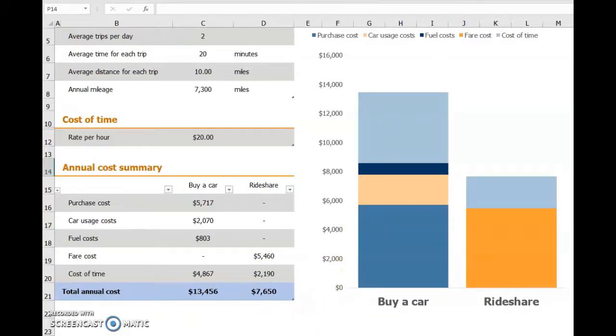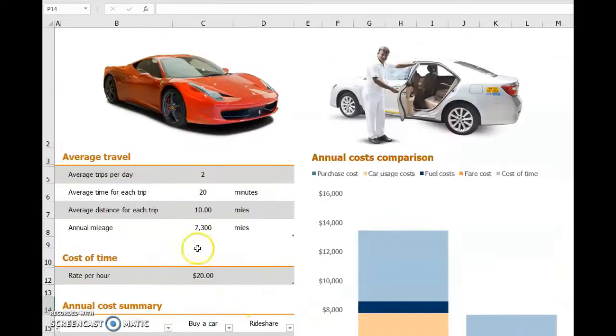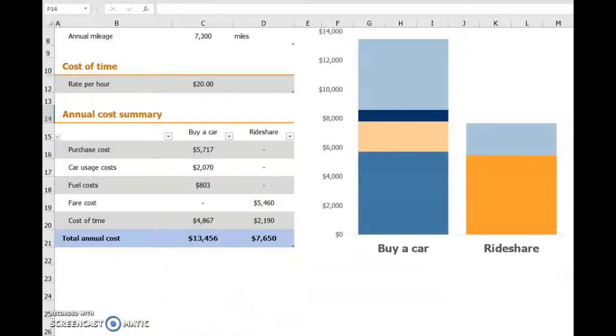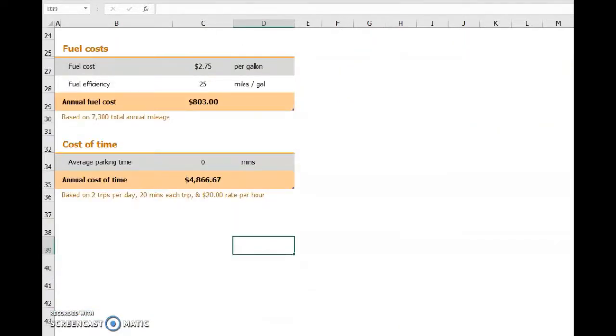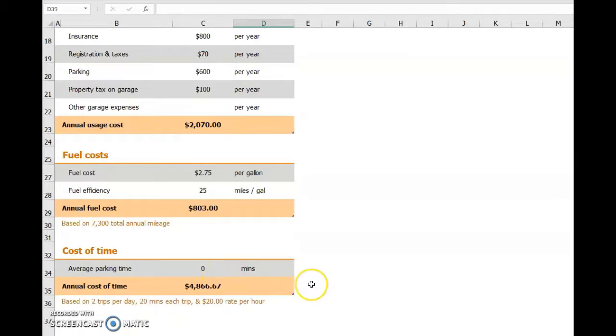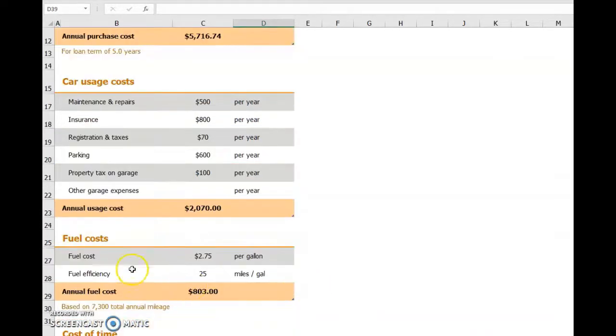Again, I actually have this resource for you, the spreadsheet that you can use, and it's in the resources area. If you take a look at your upper left-hand screen, you can take this spreadsheet and fill out the numbers yourself. So for example, one of the things you may eliminate under buying a car is maybe your garage costs.